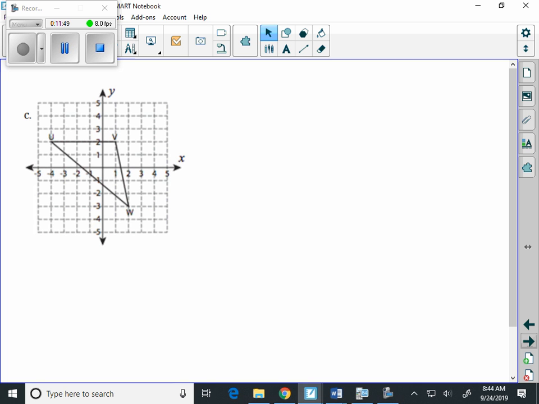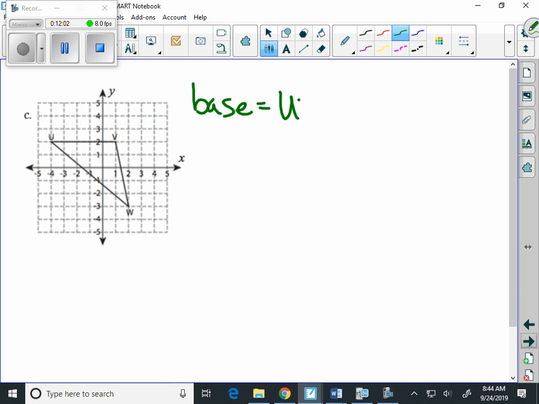The next one, we have an obtuse triangle. So we can identify the base fairly well. Our base is going to be segment UV. When we look, 1, 2, 3, 4, 5, it's going to have a length of 5.